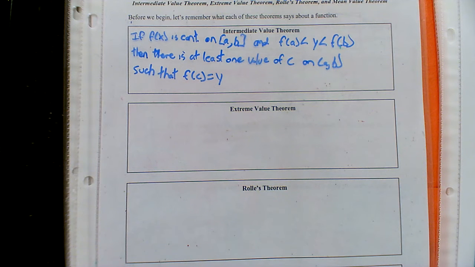So this is the formal definition here. If it's continuous and you have f of a is less than y, which is less than f of b, there's at least one value c on that interval between a and b that f of c is equal to that y value.